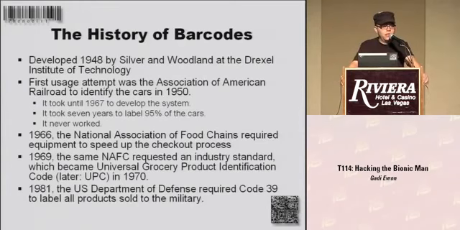So in 69, the same group requested an industry standard, which later became the UPC code that you all have on your grocery products here in the States. And since 81, the US Department of Defense required a Code 39 barcode on all products that are sold to the military. And you will see why that is a bad idea.